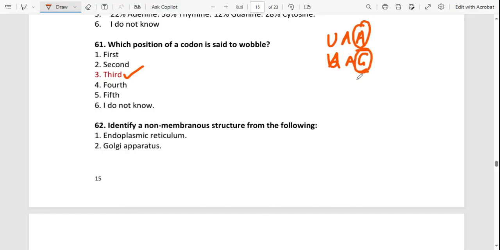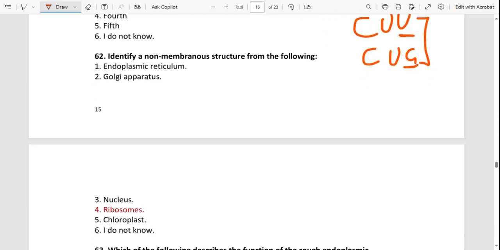These are stop codons. A lot of codons, for example, can have CUU and then CUG. The third position is different, but these two different codons still code for the same amino acid. So we say the third position of the codon wobbles.